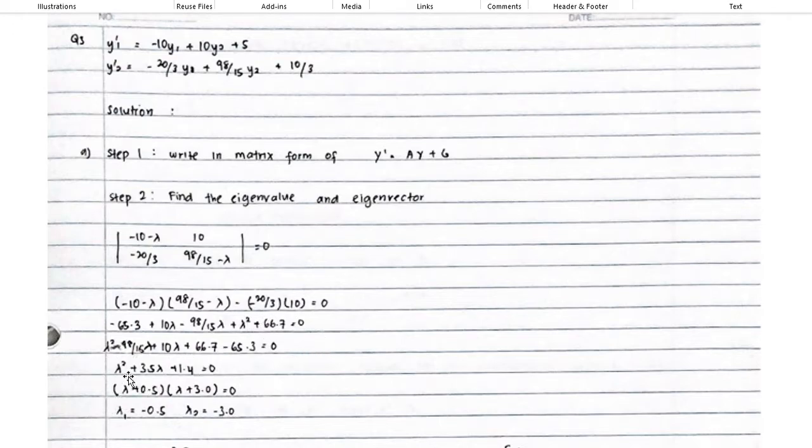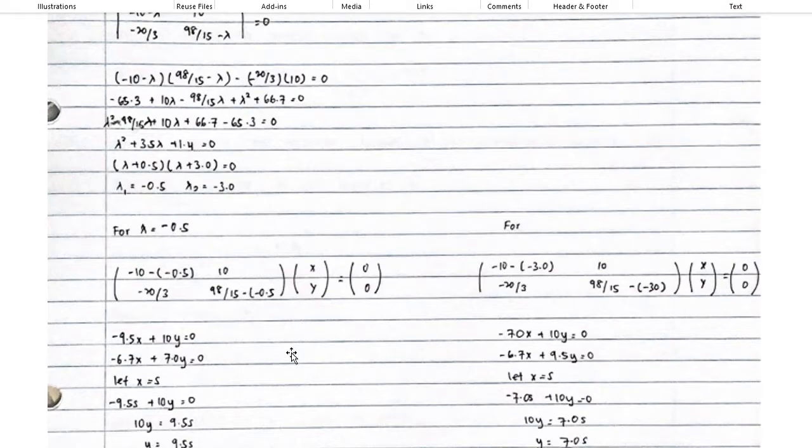After we simplify all the answers, we need to factorize so that we can find the value of lambda, which is negative 0.5 and negative 3.0. I converted the answer into decimals, one decimal place.